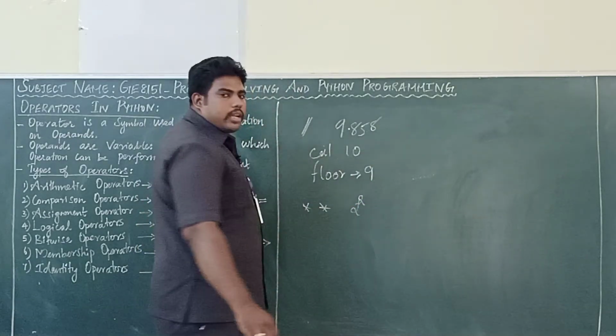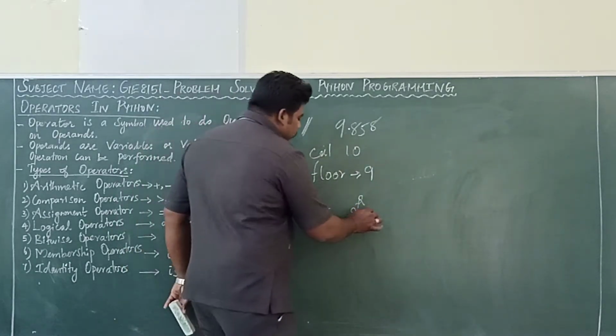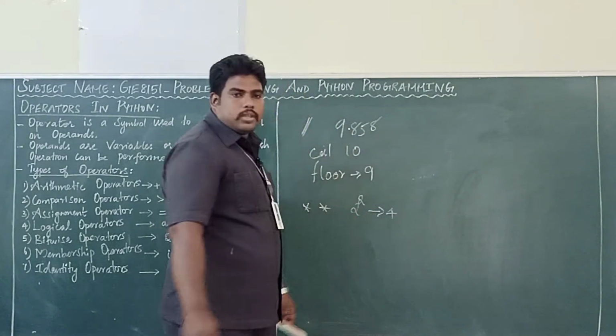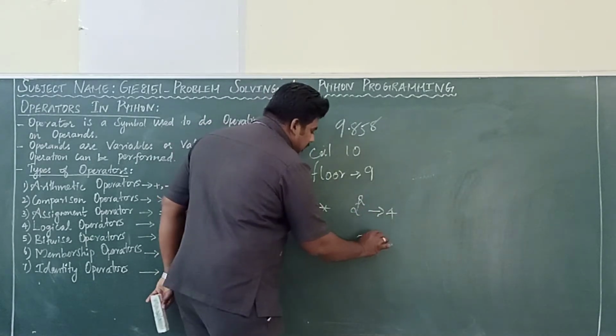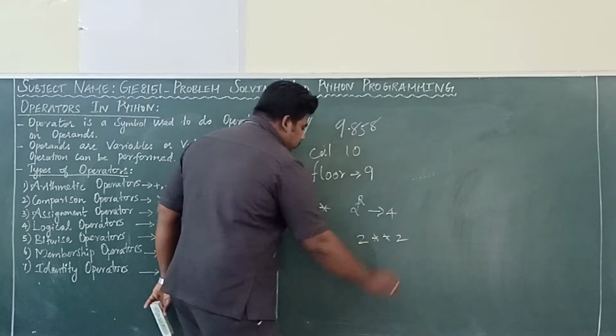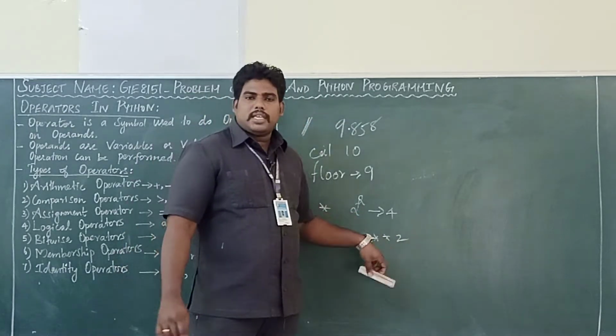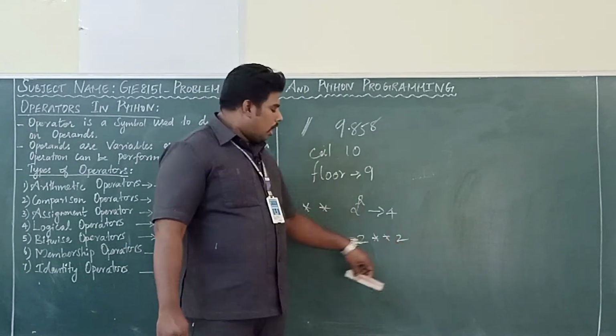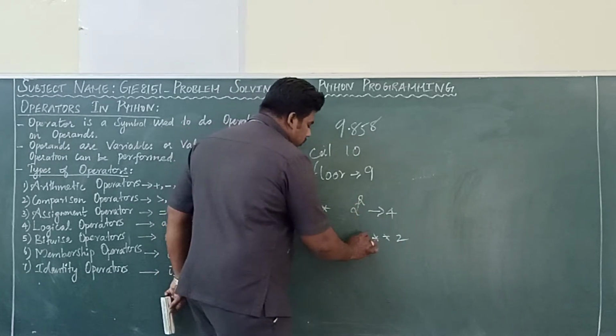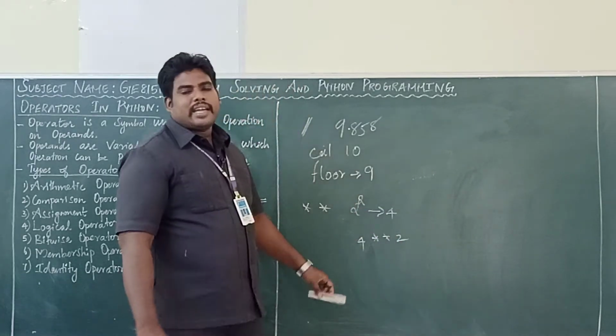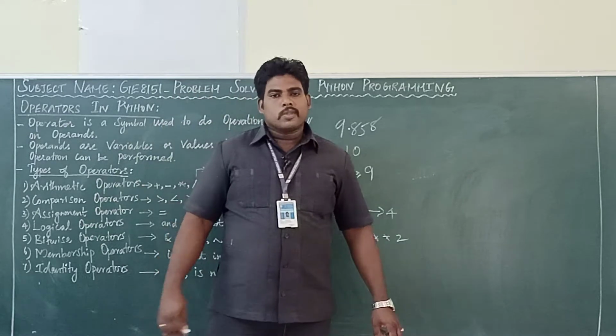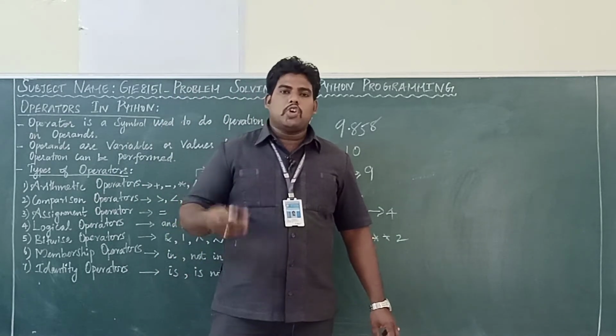What's the value of 2 square? It is 4, right? Similarly, you can put it like this in Python: 2 double star 2. The meaning is 2 square, which is 4. 4 double star 2 is 4 square, 16. Like that, exponent means power. You can take square, cube, like that.